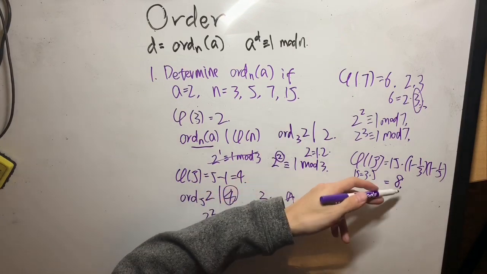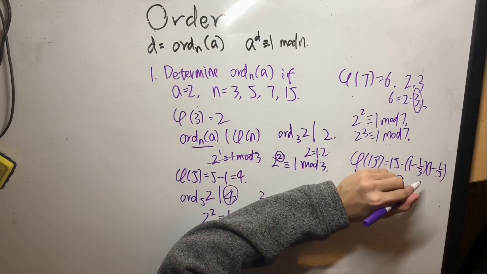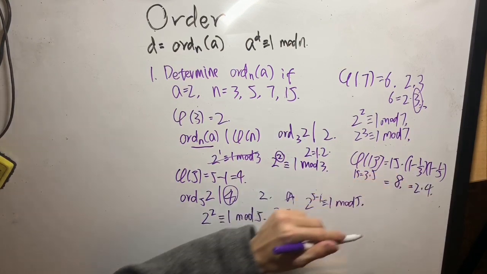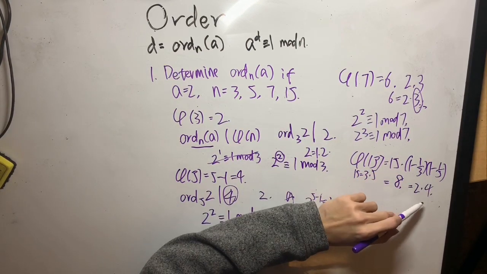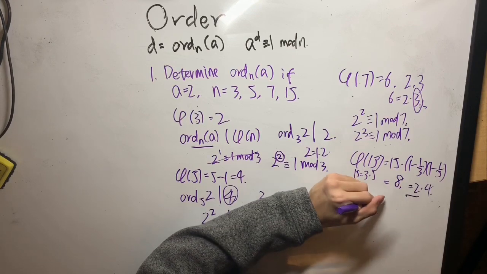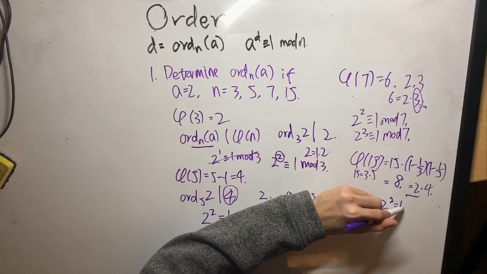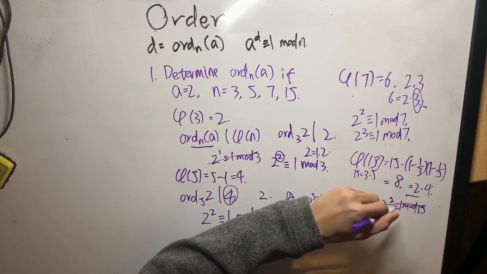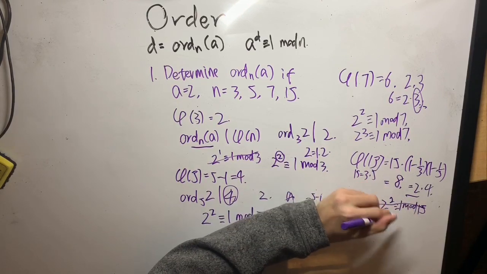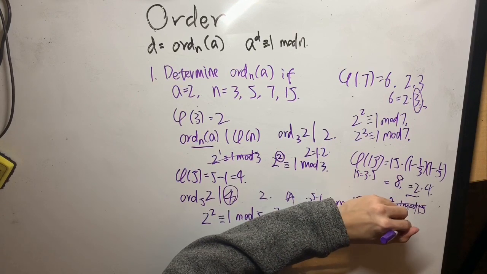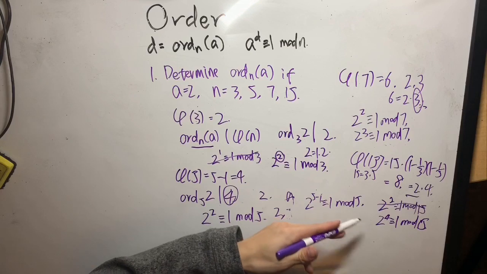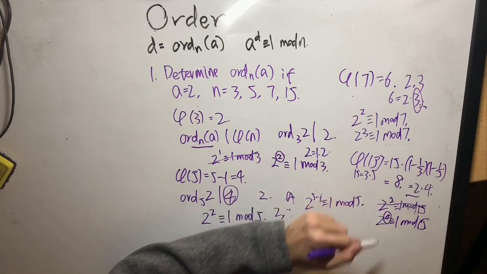Now, for 8, we have 8 equals 2 times 4 and nothing else. So we check 2 first. 2 squared is not congruent to 1 mod 15. And 2 to the 4th is congruent to 1 mod 15. Thus, the order of 2 modulo 15 is 4.